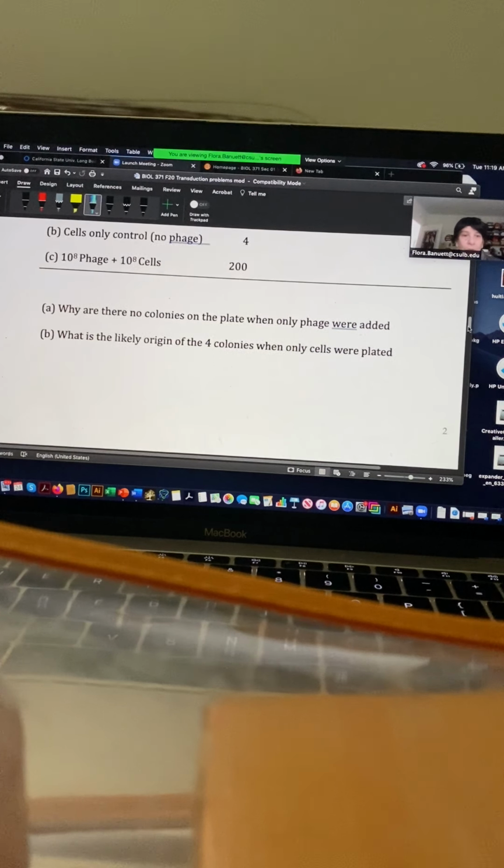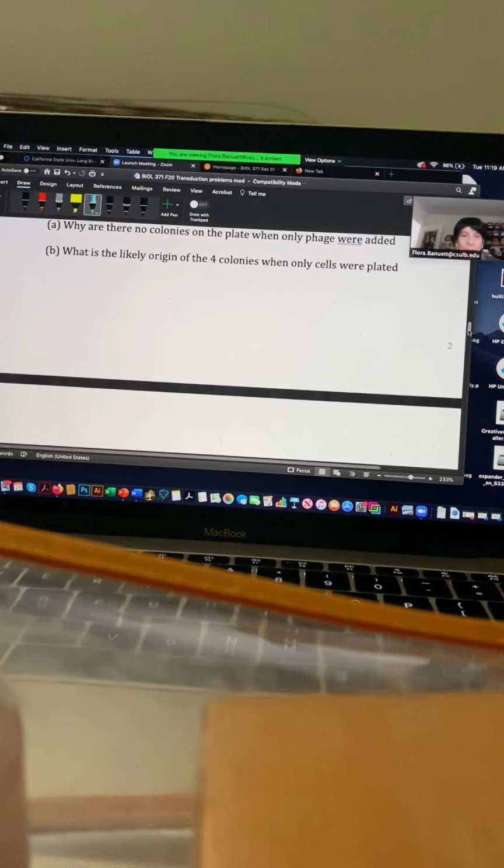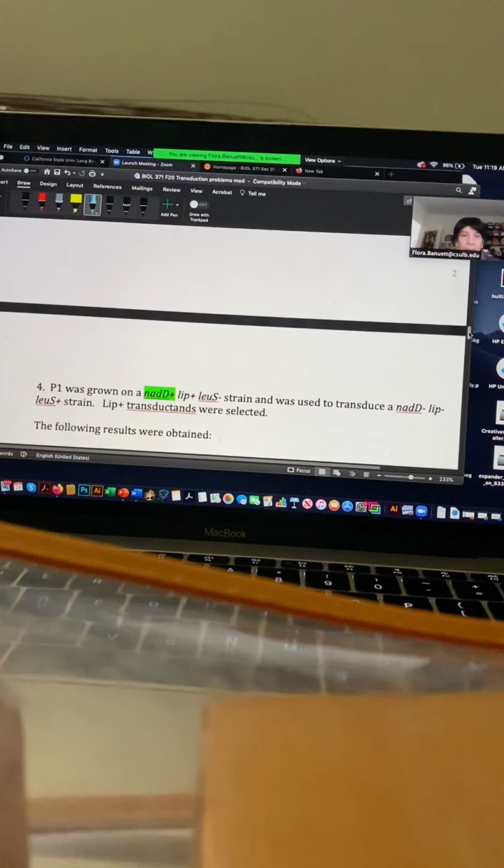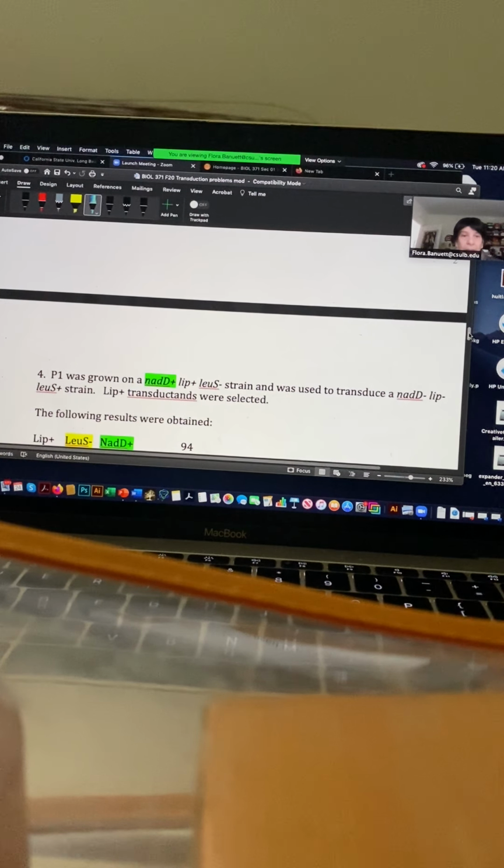Okay, so let's go. This is the last problem in the transduction problems, where I'm skipping 3 and I'll tell you why. P1 was grown on a NAD plus, LIP plus, LU S minus strain, and was used to transduce a NAD, this is for nalidixic acid, and LIP minus, that's lipids, and LU S plus strain.